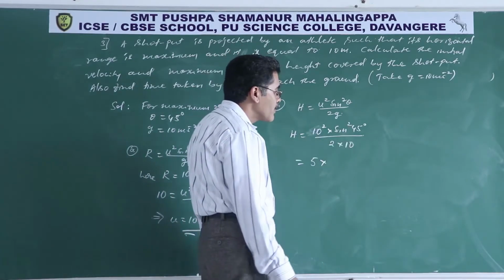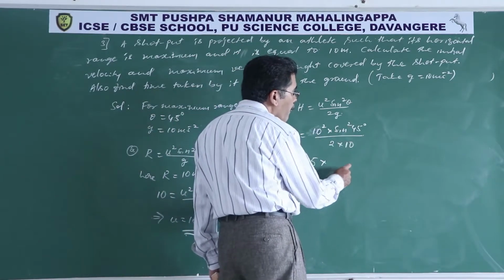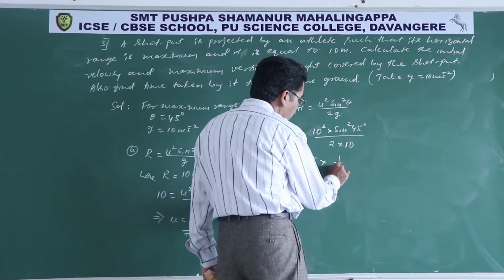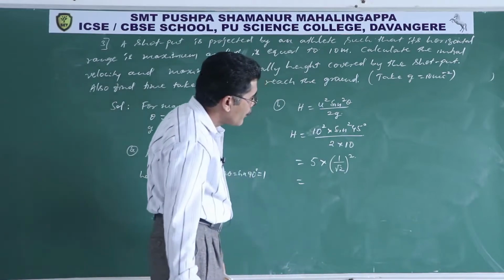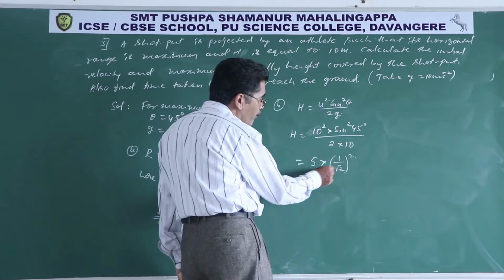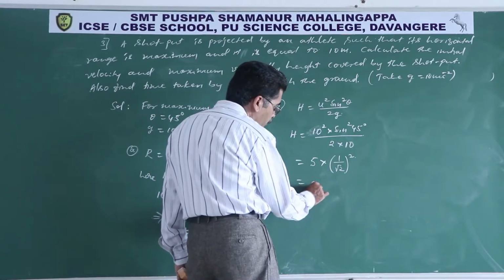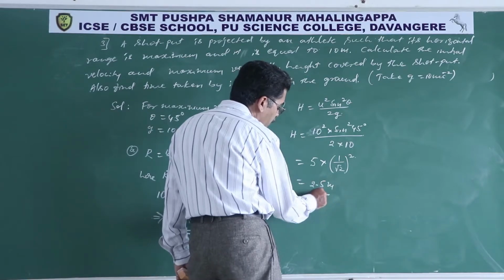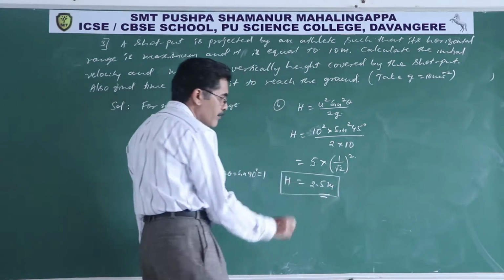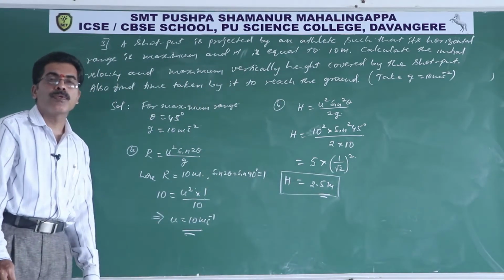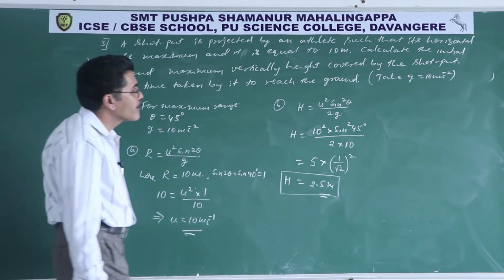Sine square 45 is 1 by root 2 whole square. This you are going to get 2.5 meter. Okay, just 1/4 of the horizontal range.